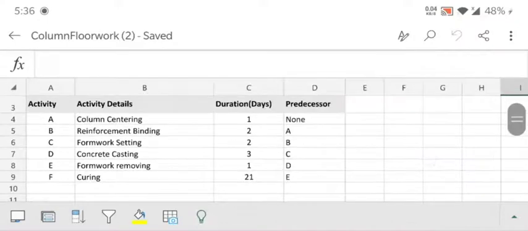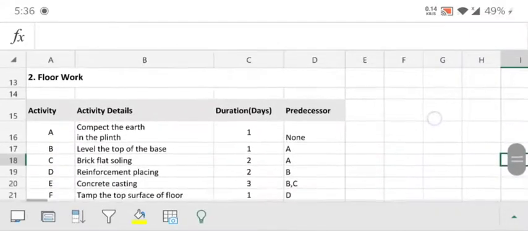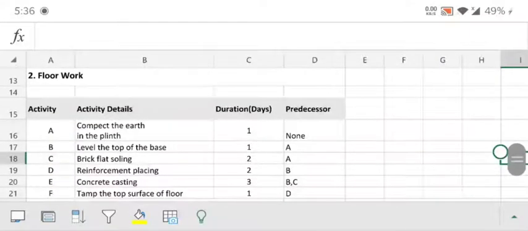It takes a long time and predecessor is E. Number 2, floor work. As before, activity details, duration and predecessor.